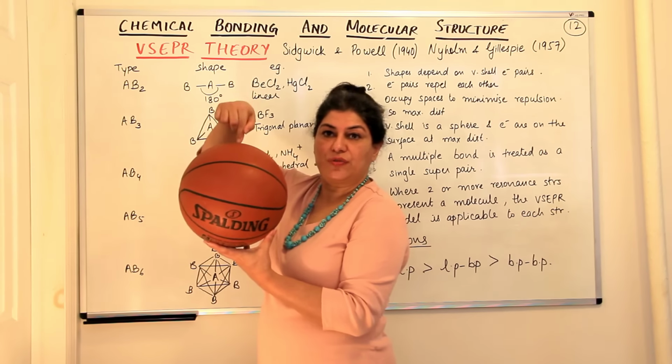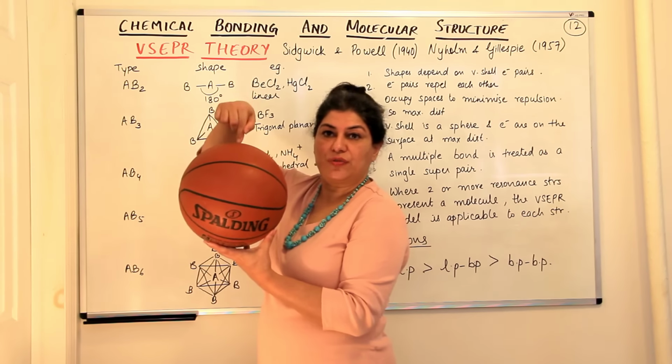Let us now come to the next type of molecule where there are three atoms around the central atom, and the central atom is A, and the surrounding atoms we assume them to be B. So the molecule is AB3 type. How would you expect three atoms to surround themselves at a maximum distance from a central atom? If you imagine this, the maximum distance that they can achieve would be that of a triangle.